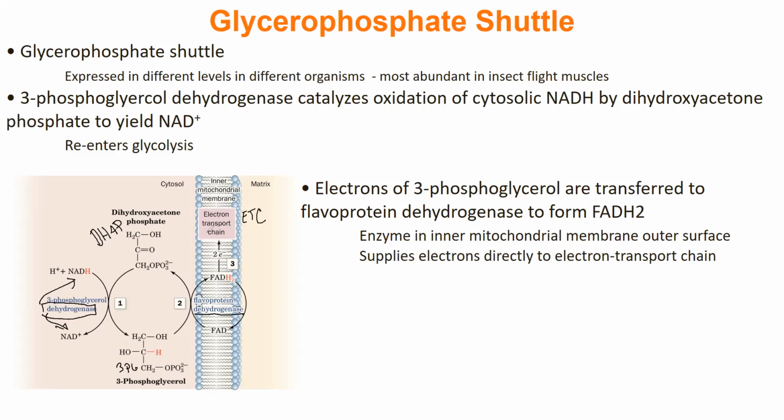That means electron transport chain. So by doing this shuttle, just flip-flopping between DHAP and 3-phosphoglycerol, we can transport NADH, move those electrons into the mitochondrial membrane by having our intermediate flavoprotein dehydrogenase. So any questions about how this shuttle is run or anything at all up to this point?